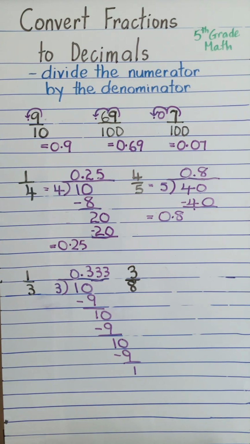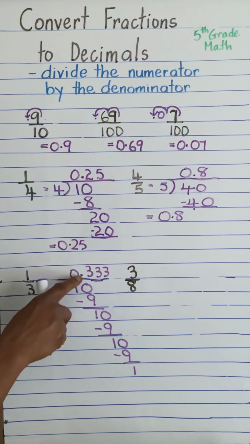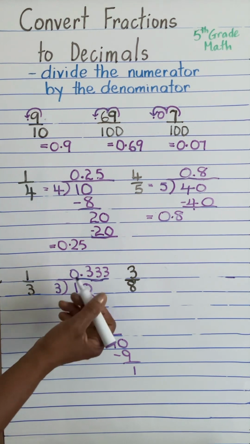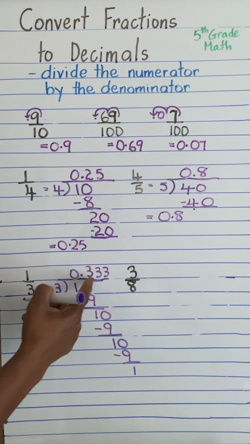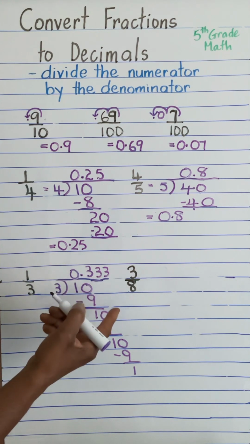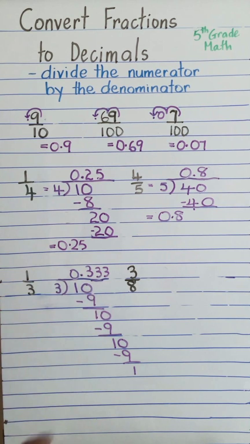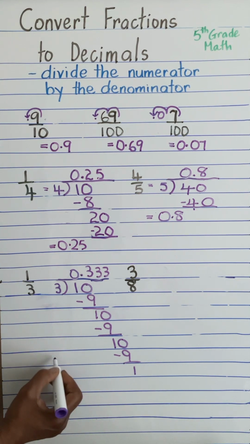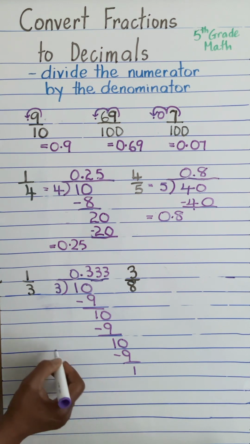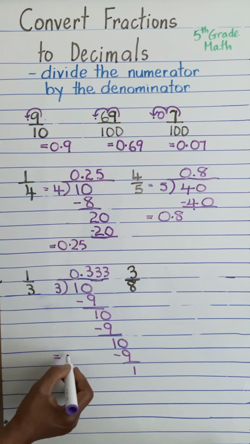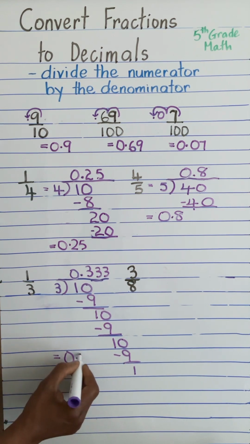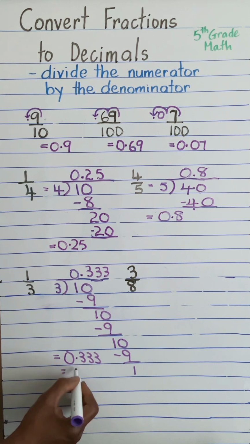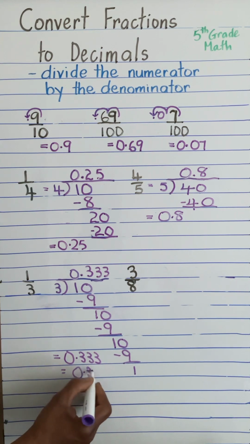So our answer, we can write it as 0.333, or we can round it to the nearest hundredth, so it's equal to 0.33.